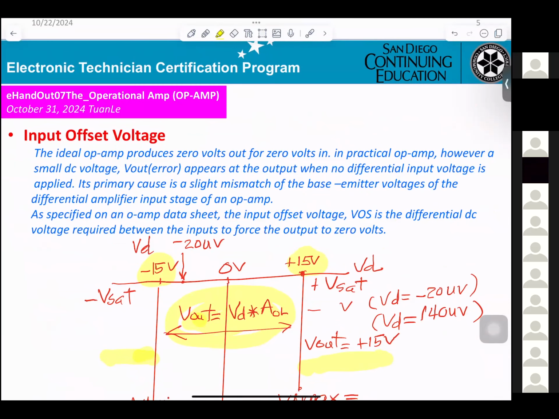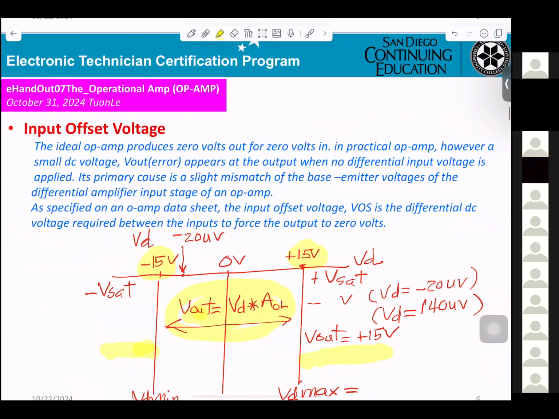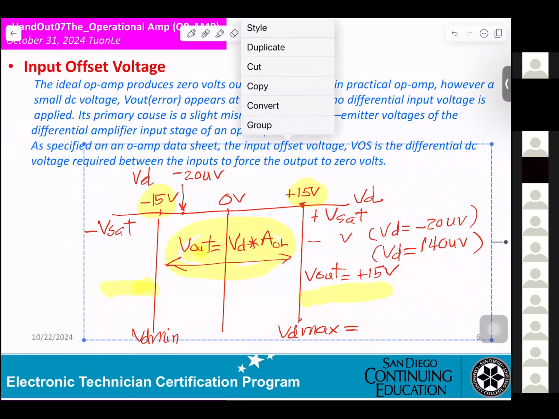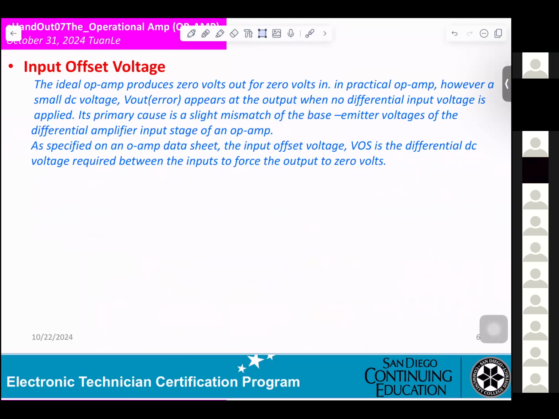Okay, input offset voltage. The ideal op-amp produces 0 volt out for 0 volt in. Normally, to the input of the op-amp, you connect to the ground, 0. Output is supposed to be 0, but it's not.